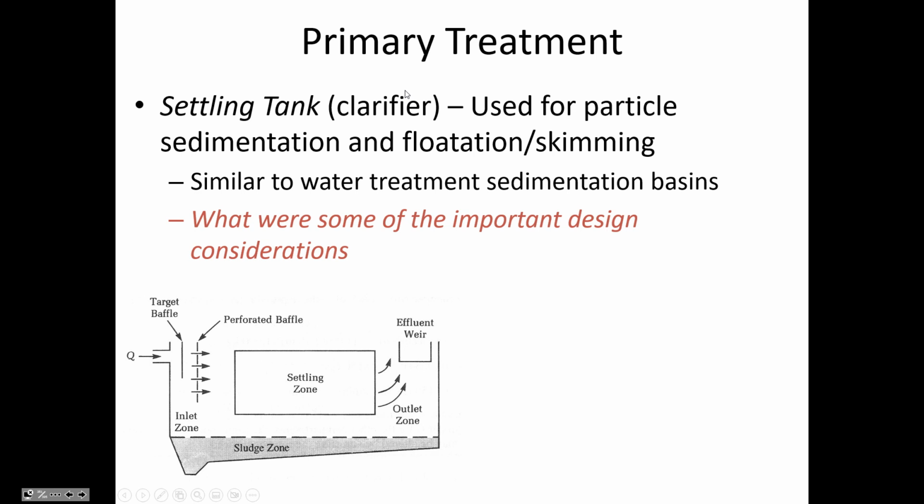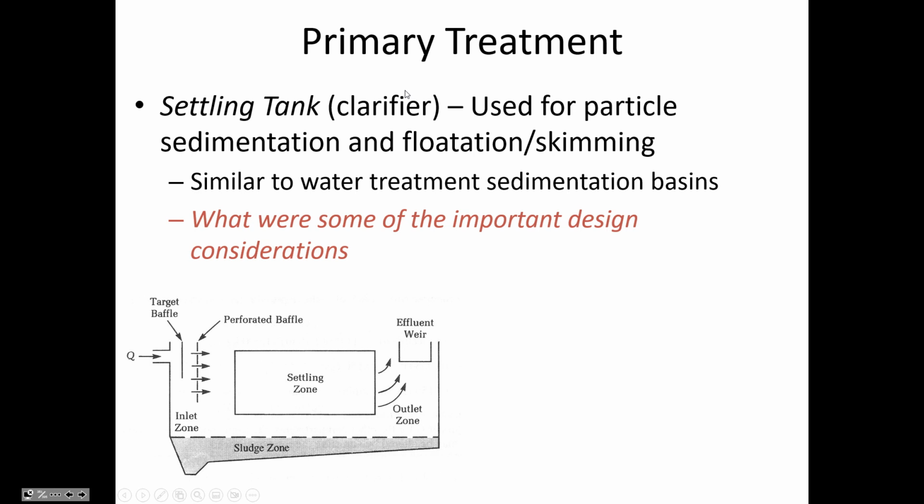So we've talked about this before in the water treatment aspect of settling, where mainly our focus was on type 1 settling. Type 1 settling we addressed through the Stokes equation, which assumed that we had spherical particles which settled downward in the absence of any interference with other particles.